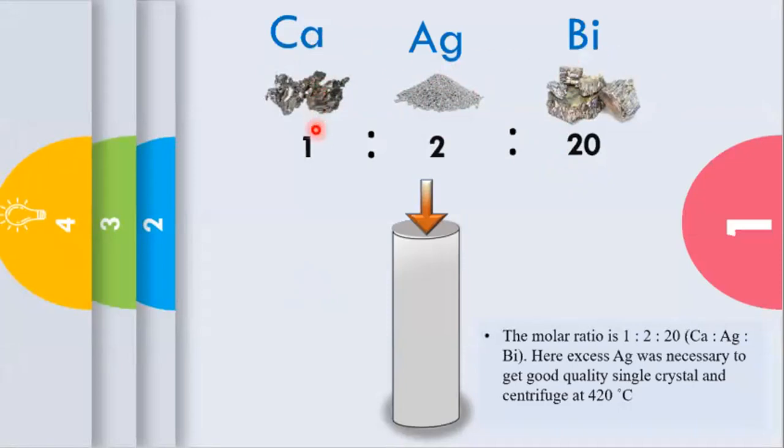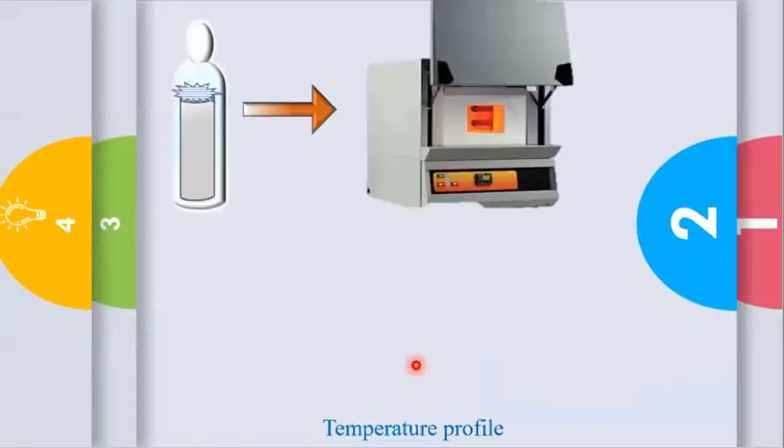So I took calcium as 1, Ag 2, and bismuth, some large amount, 20. So I took 1:2:20. I took it inside an alumina crucible, then sealed it in a quartz ampule, and then we keep it in a furnace for heating.